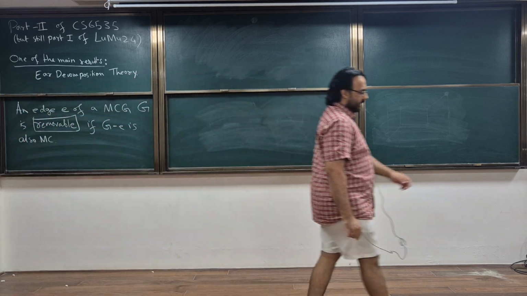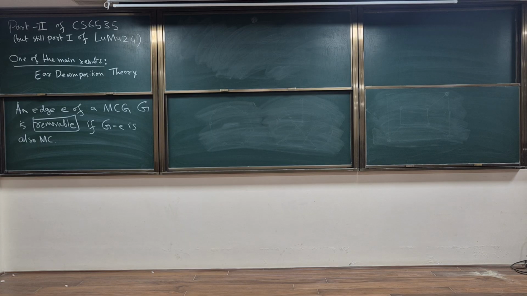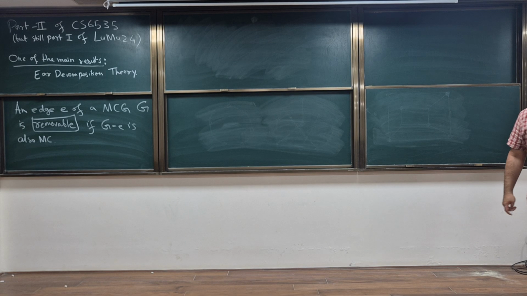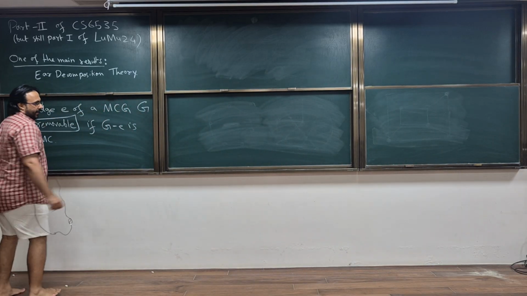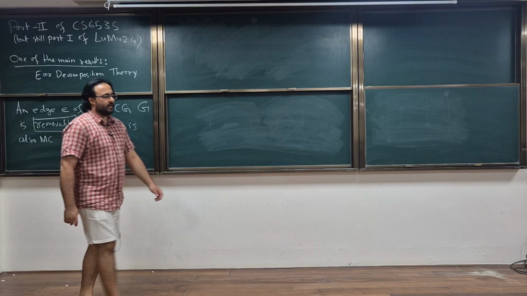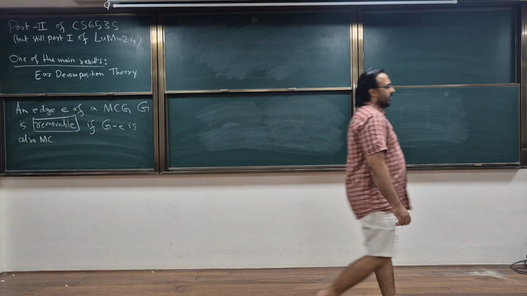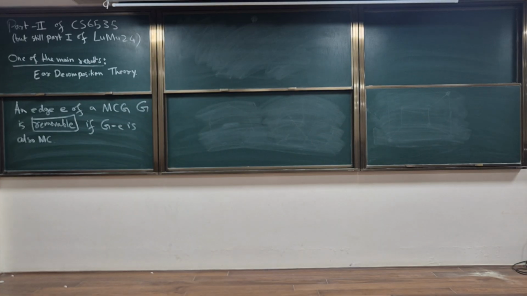This is the kind of edge we are allowed to delete. We can't delete other edges. In the same spirit, we will say that a set R of edges is a removable set if G minus R is matching covered.